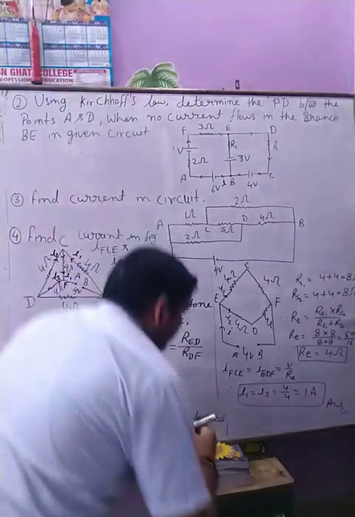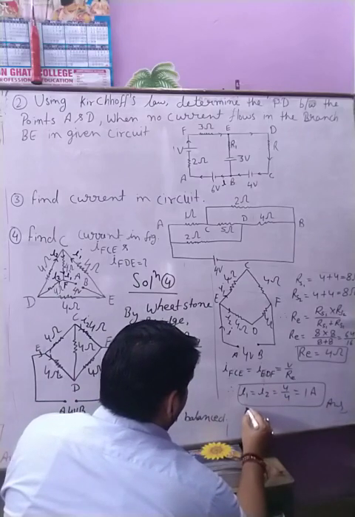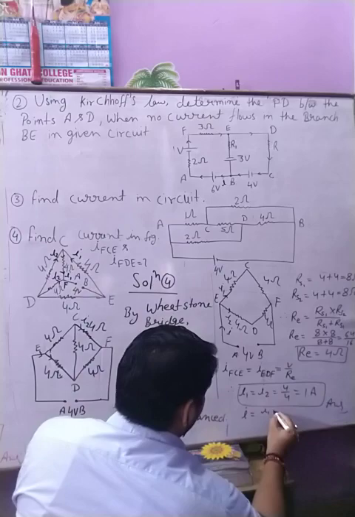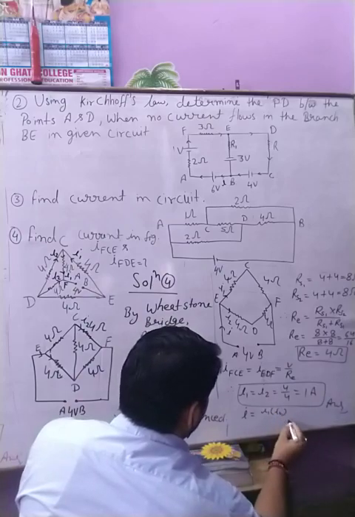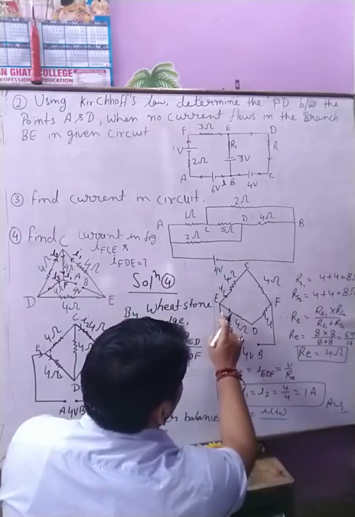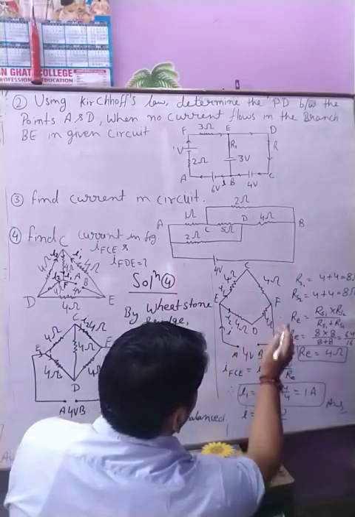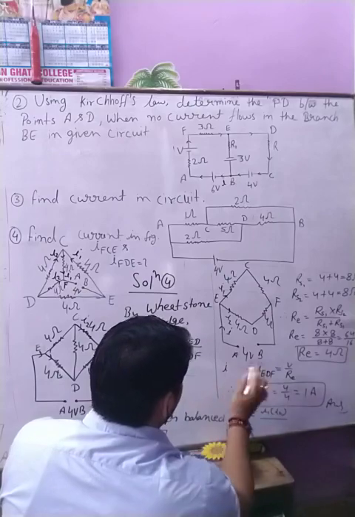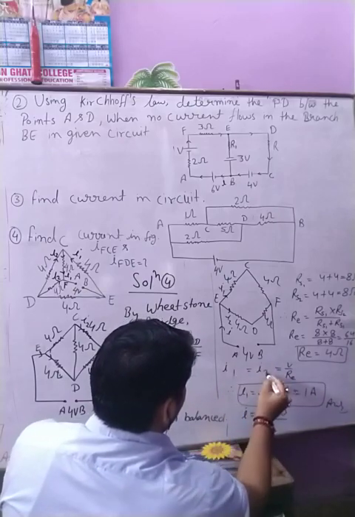Now current I is equal to I1 or I2 by resistance in one branch, this is I1 and this is I2.